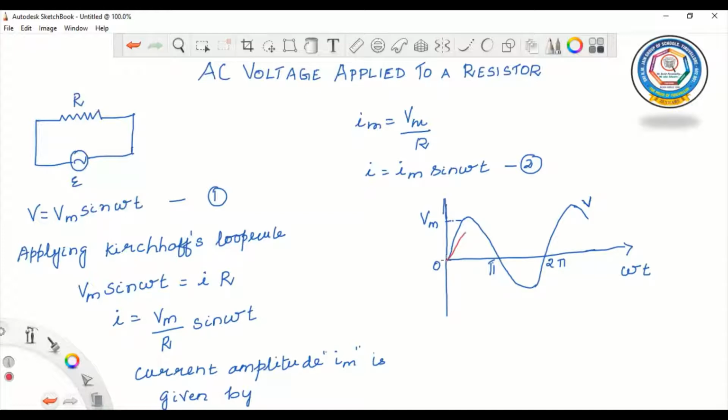So look at the thing here, children. This is very, very important actually. Okay, so let us state this is I. And what is this? Im.